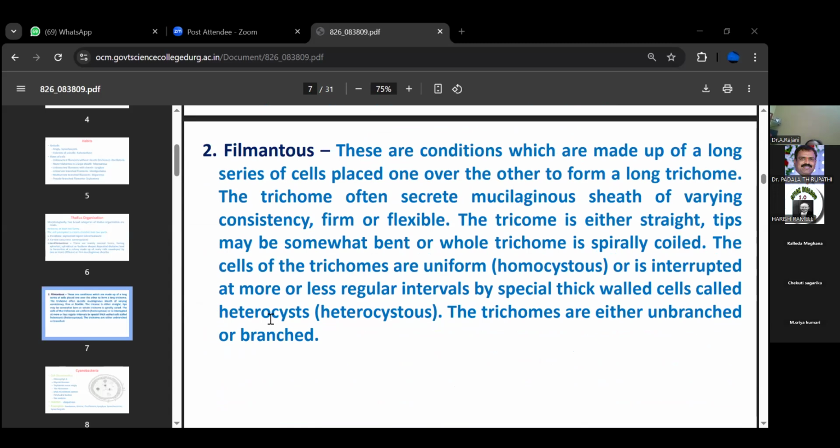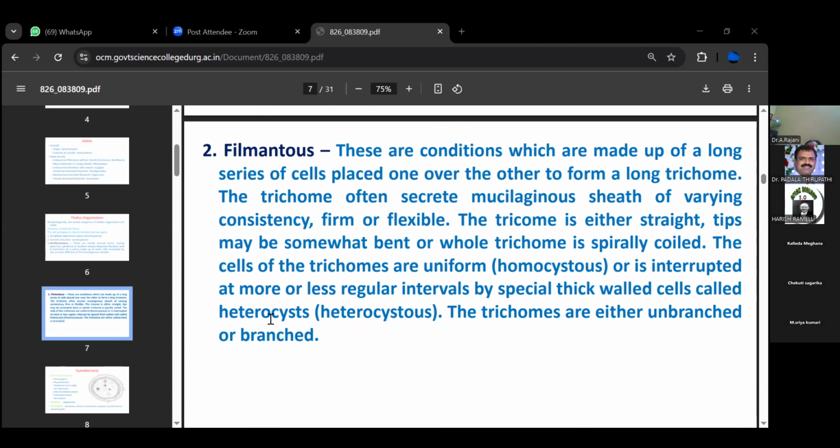Here, made up of a very long series of cells placed one over the other. Long trichome is also present, where the trichome has a mucilaginous sheath, and a flexible sheath is there. This trichome is either straight or sometimes the tips may be somewhat bent.